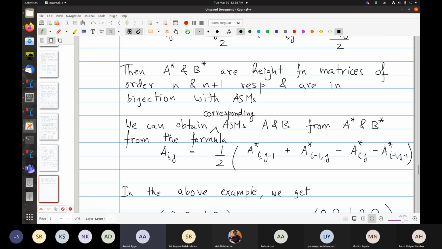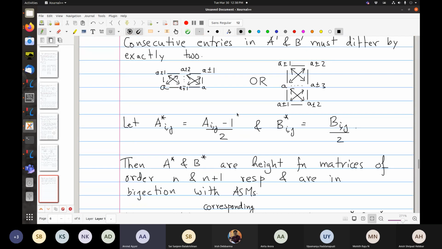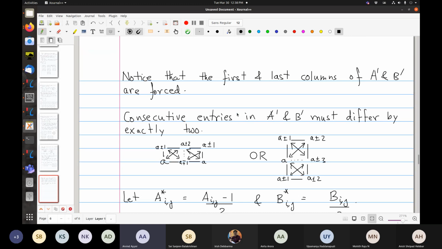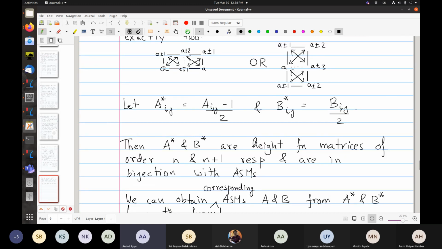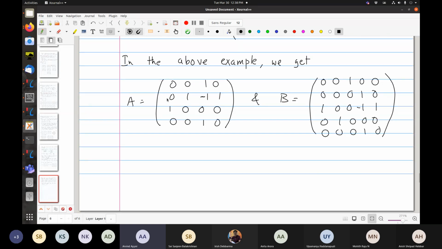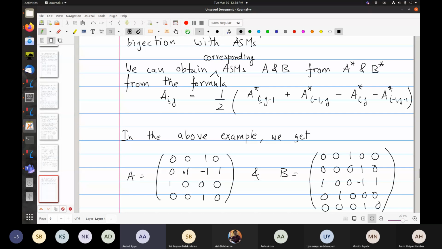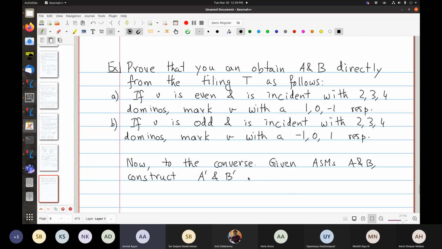So what were A prime and B prime? They were these height function matrices. I'm skipping the intermediate step of constructing A star and B star. So you first construct the height function matrices from these, and then for the smaller one, you make it odd, and the larger one you make it in the obvious way.